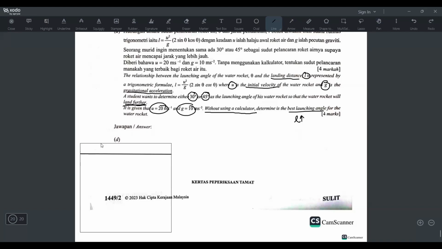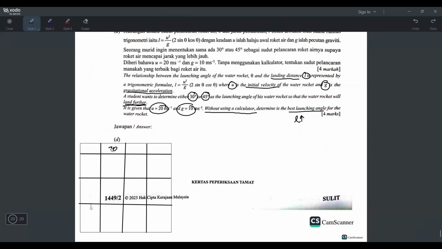Okay, so we have 30, 45, and 60. So it would look something like this. This here will be 30 degrees, 45 degrees, 60 degrees, and this is the sine, and this is the cos, this is the tangent, tangent theta.